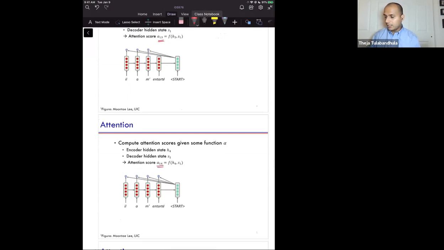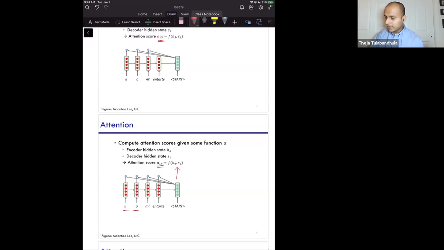Now these numbers, what I want to do is to somehow use a transformation of these numbers as an indication of which part of the input is responsible for my current output. So that's the goal here.